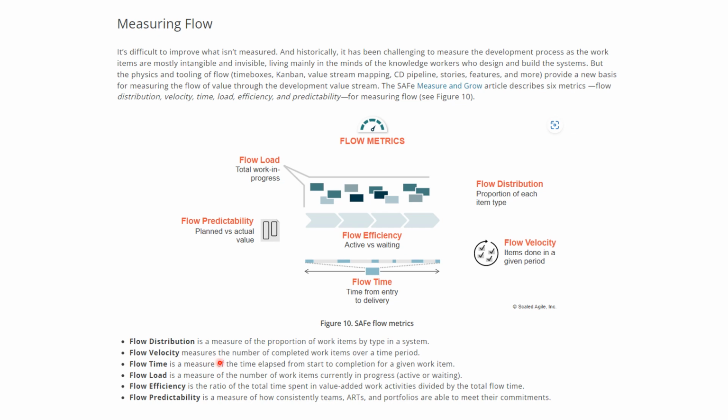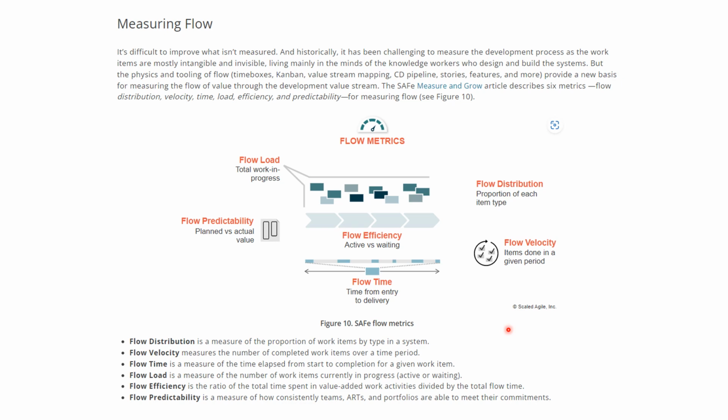Flow distribution is a measure of the proportion of work items by type in a system, right? Say, for example, in your value stream, you might have different types of tickets or different types of work or user stories, like development user stories and maintenance user stories. You can categorize your user stories based on the business type, could be banking or payments.